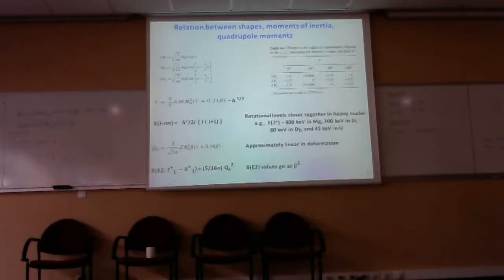It doesn't tell us anything about the 2 plus state. This formula assumes that the shape of the nucleus is not changing as you go from one state to another, because it's a rigid rotor. Exactly, rotating.